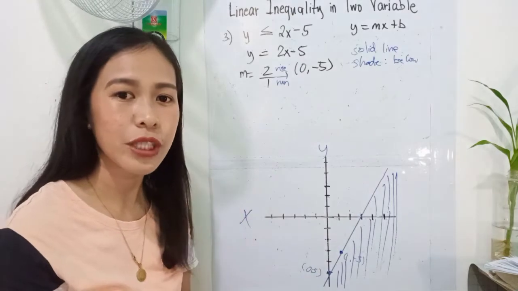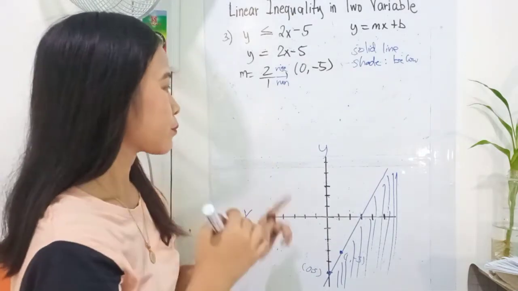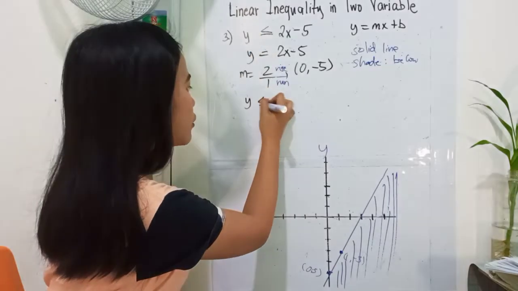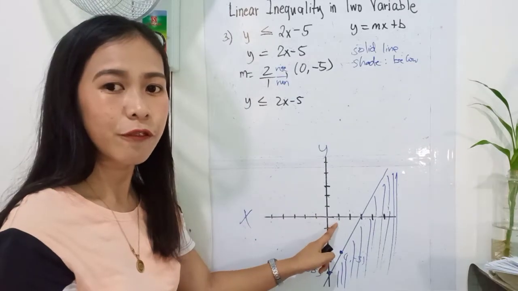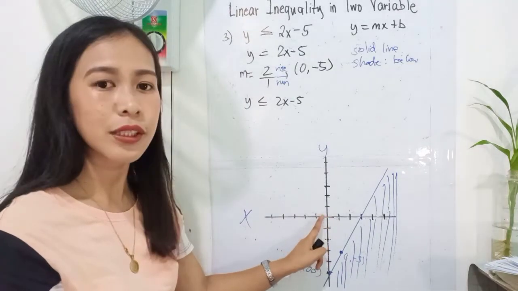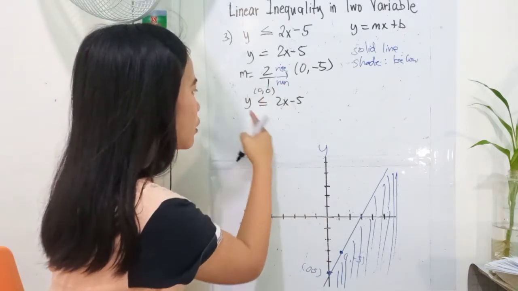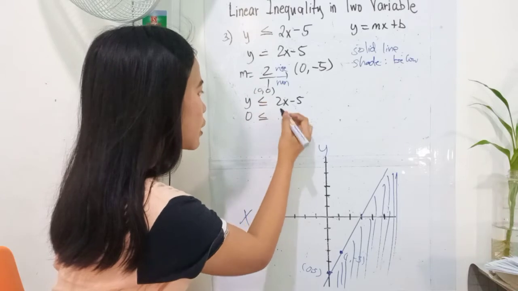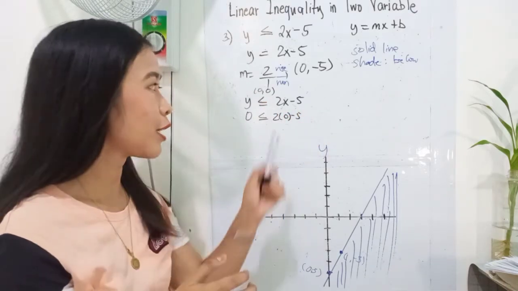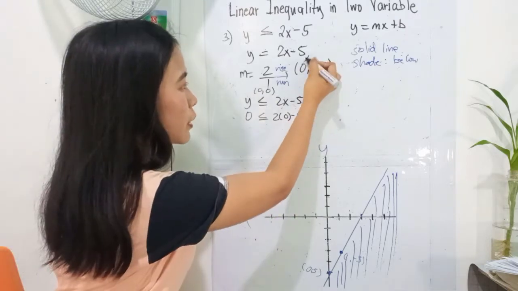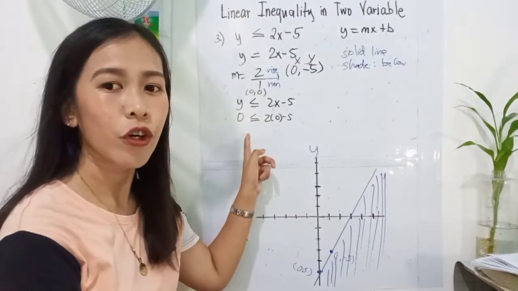And then, let's try to check kung tama ba yung mga nakuha nating solution set. Y is less than or equal to 2x minus 5. I-test natin si 0, 0. Dapat maging false to kasi hindi naka-shade itong ating center. So we have y as 0, less than or equal to 2 times 0 minus 5. Isa-substitute nyo lang, mga bunso. Dapat alam nyo na itong mga ordered pair natin, that is x and y, para alam nyo kung sinong ilalagay nyo sa x and y.